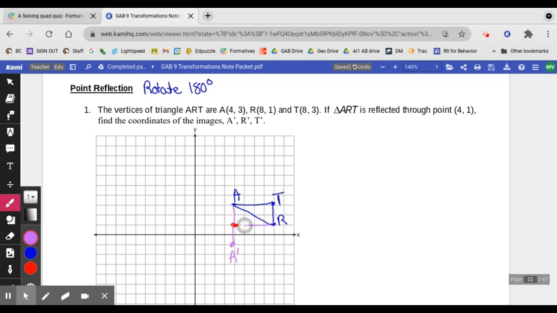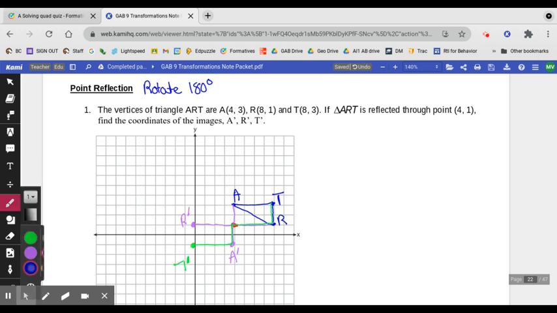So for R, I went left, so I continue to go left, and I get to my R prime. The one that's a little more complicated is T. To go from T to that point, I go down 2, left 4. So I'm going to do that again from that point, down 2, left 4. And that's where T prime is because it's continuing the same pattern.